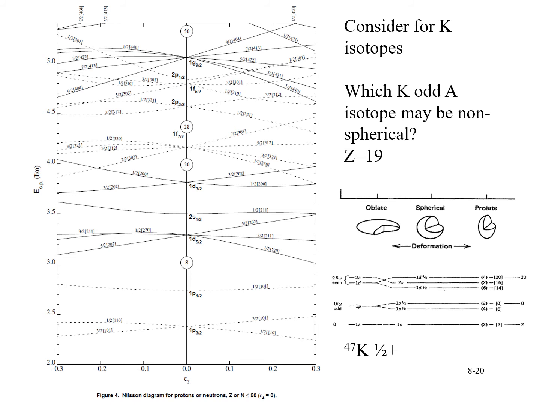So we would expect a spherical potassium isotope to have a spin of 3/2 and a positive parity. If we look at potassium 47, it has a spin of 1/2, positive parity.